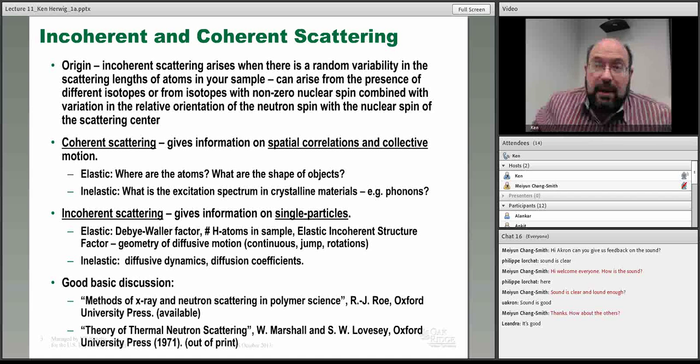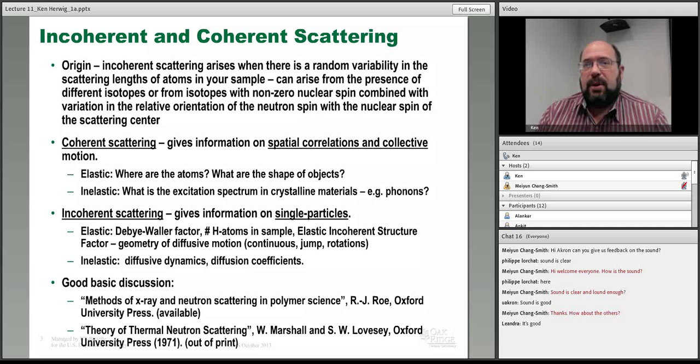So, incoherent and coherent scattering. Incoherent scattering arises anytime your sample has a random variability in the scattering lengths of the elements or isotopes of the atoms that are present in your sample. That can come up even if you have a single element sample in a couple of cases.